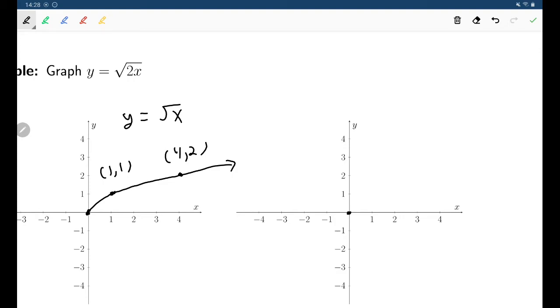But for the point (1, 1), if we divide the x-coordinate by 2, we'll get the x-coordinate of a half. The y value would still be 1. And finally, we have the point (4, 2). If we were to divide its x-coordinate by 2, we would have the point (2, 2).